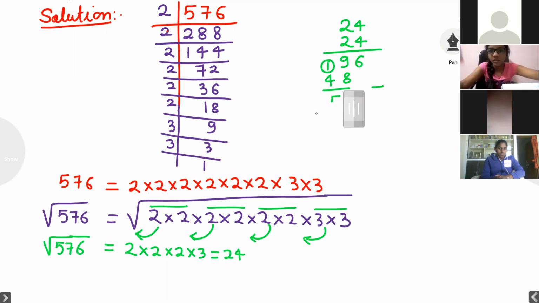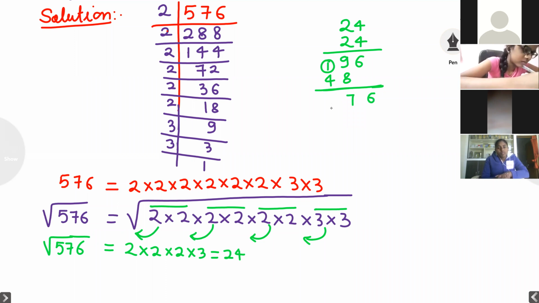We can say our answer is also right. Whatever answer we got, if you multiply 2 times, same value we get, that means our answer is right.